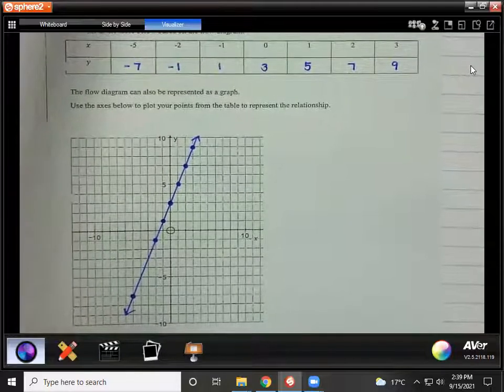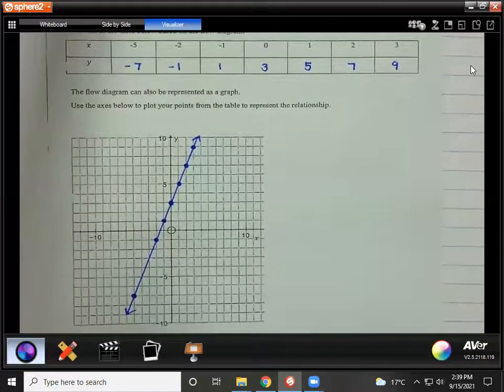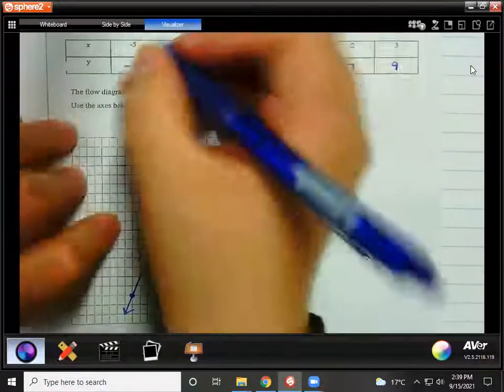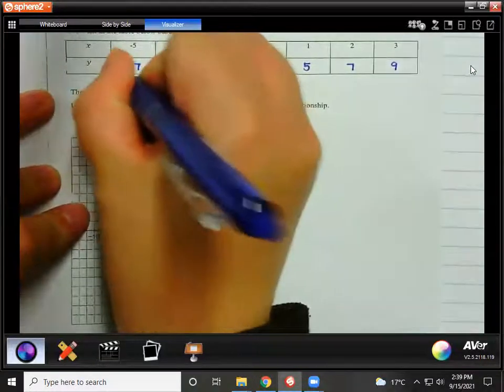Okay, let's take a look. Here we go. So you can check the table there. Oh, sorry, I actually didn't write my points. Let me do that quickly.